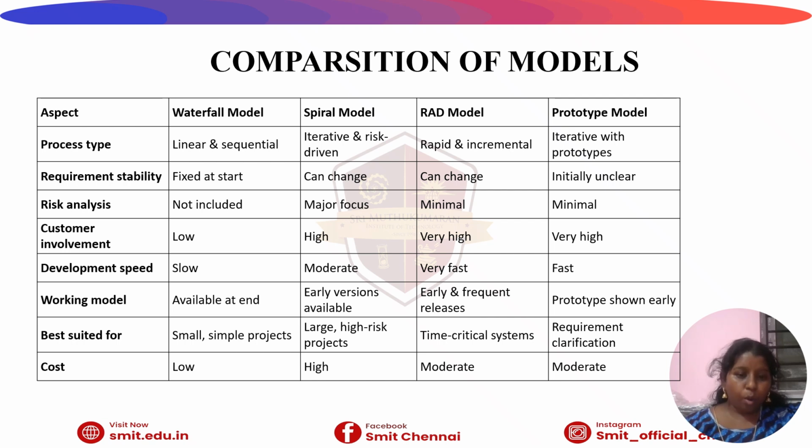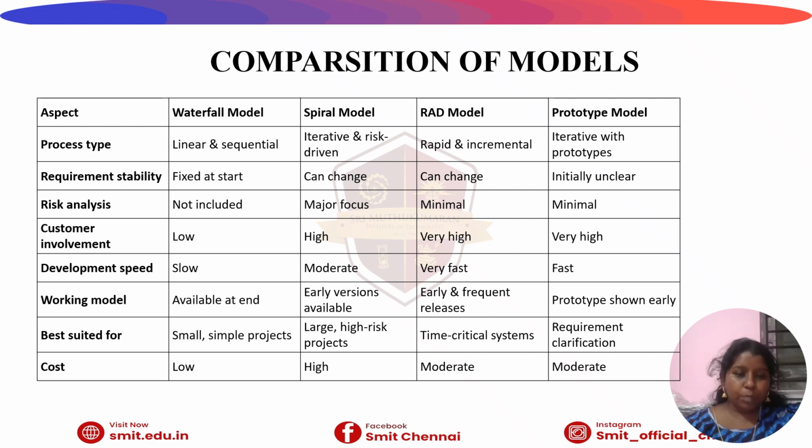The customer involvement in the waterfall model is very low. In the spiral model, the customer is involved till the design phase or any phase of the development. In both the RAD and the prototype model, customer involvement is very high and very important.